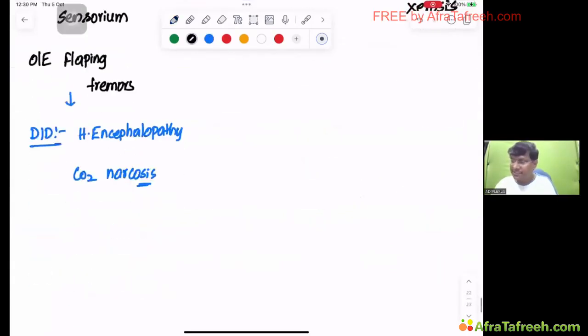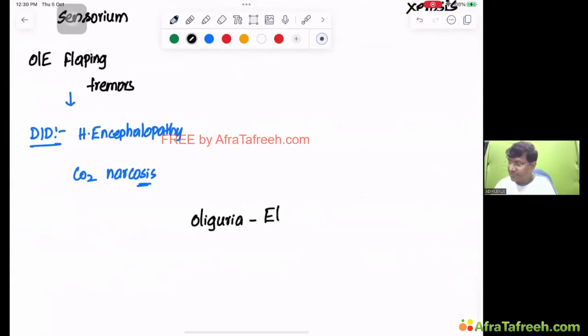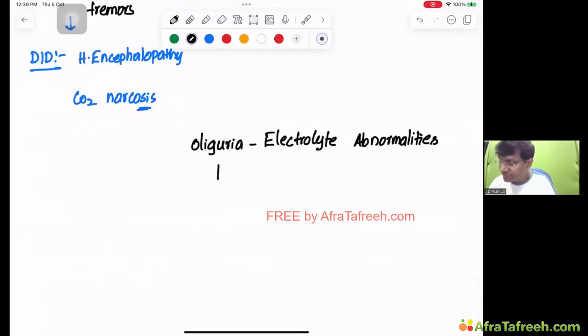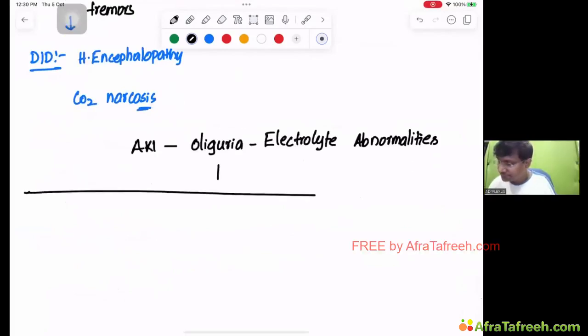And these patients with acute kidney injury, because of oliguria, also suffer with certain electrolyte abnormalities, right? What are the electrolyte and metabolic abnormalities that can be observed in acute kidney injury during this severe form of oliguria?